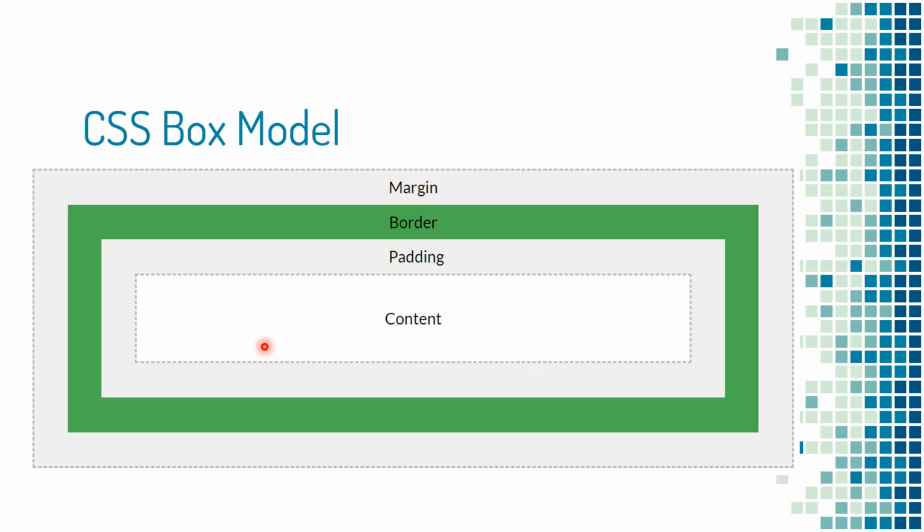Okay, so the last topic we have here is the CSS box model. Most of the students who start to work with CSS find it really hard to work with the box model or to make up their minds about it. So when we have a web page, let's say the border of the browser is the dotted lines here.